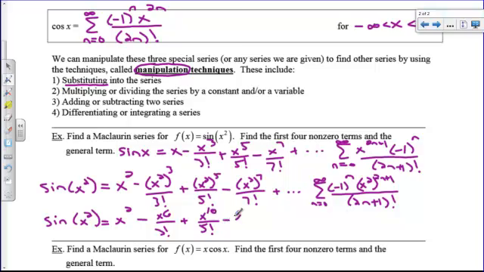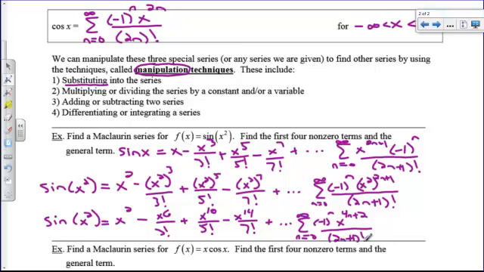And then minus x to the 14th over 7 factorial plus dot dot dot, summation from 0 to infinity of negative 1 to the n. Now if we multiply these powers, 2 times 2n plus 1 is 4n plus 2. So that's going to be x to the 4n plus 2 power over 2n plus 1 factorial.